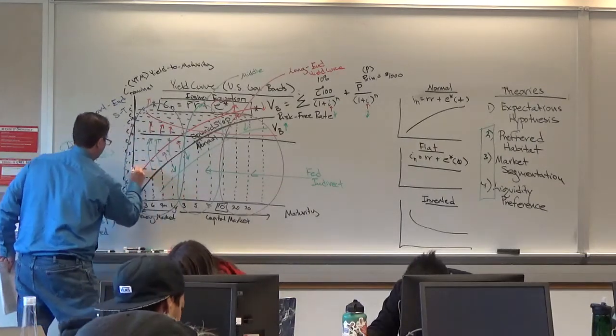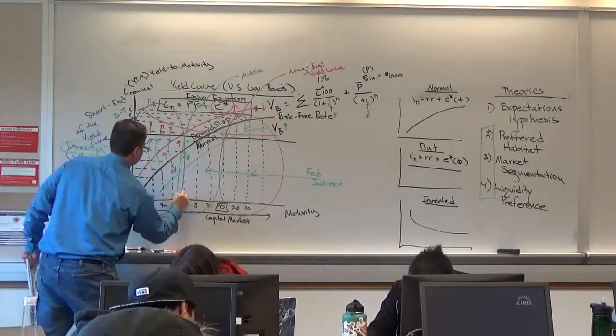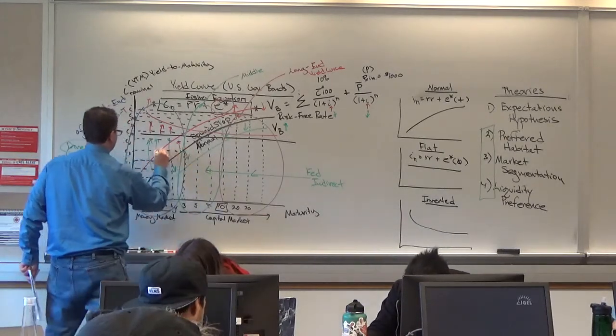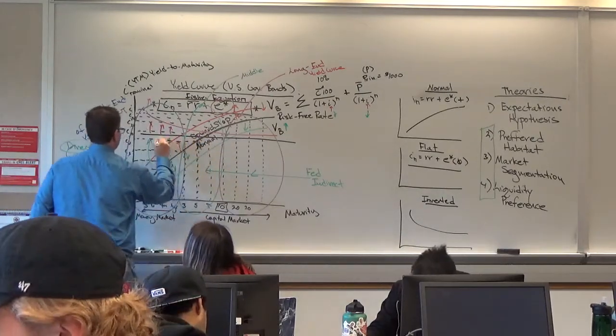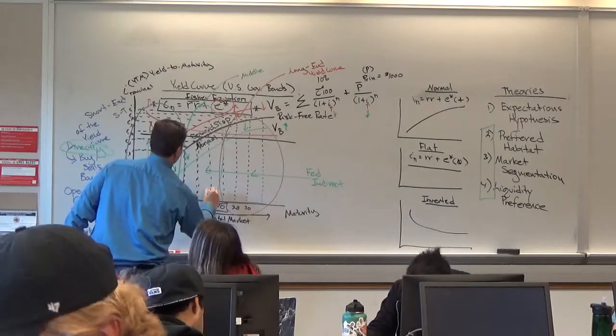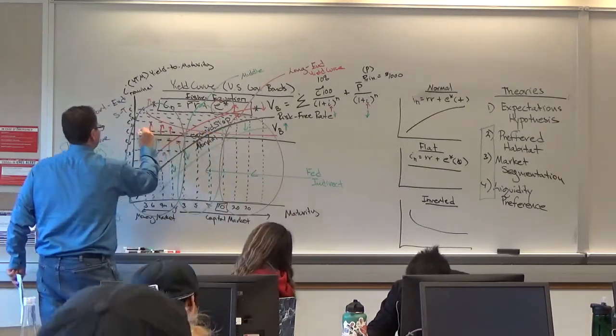So the first thing you want to do is set up your yield curve. It's all attention to detail, right? So there is a corresponding interest rate for each maturity of the bond.